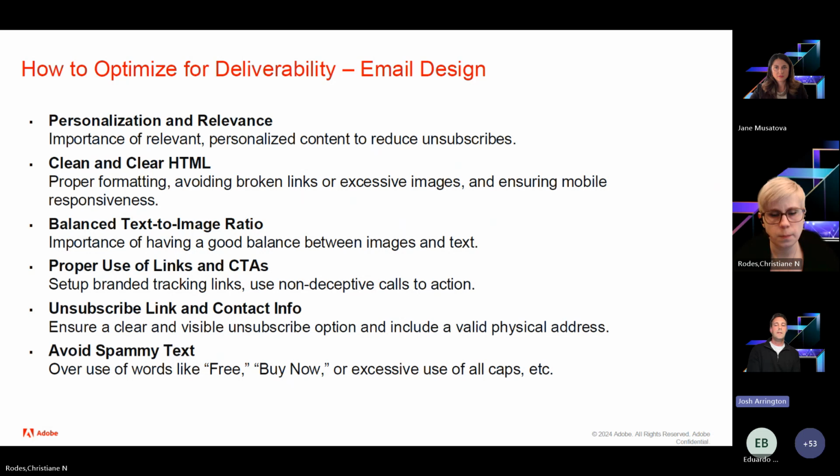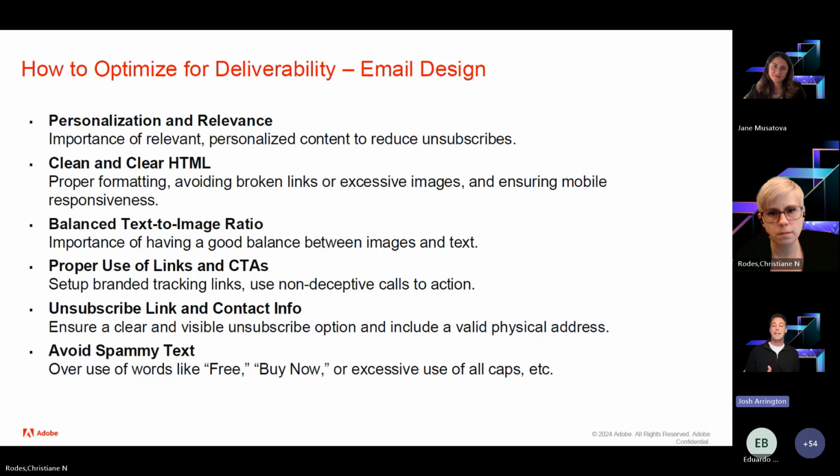Great. So email design has become less of a factor for spam filters. Years ago, it was a big factor because that's all they really had to go on. It was the content of your email. So it's less important now as far as spam filters. However, it's still an important consideration for deliverability because it can affect the engagement, which leads to better or worse reputation. Content should be personalized and relevant. This is a Marketo crowd, so I know everyone knows that.